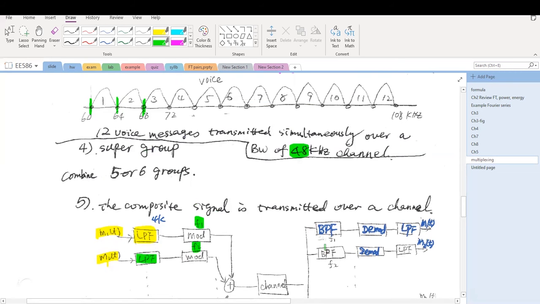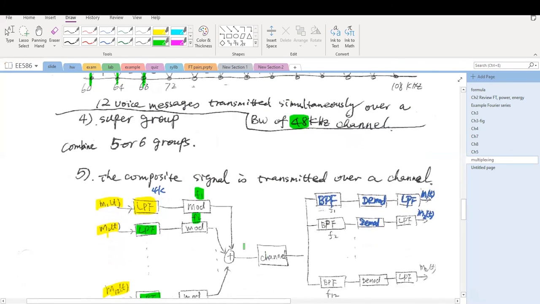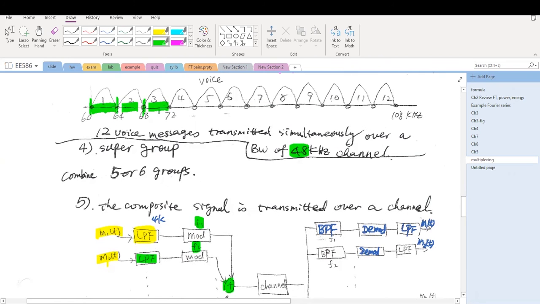After that, we sum them together. In the frequency domain, we can see clearly that the spectra of the modulated signals do not overlap. But in the time domain, that's a different story.